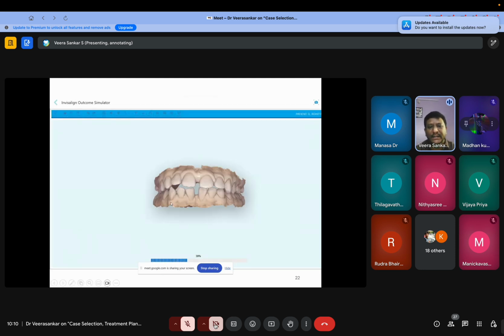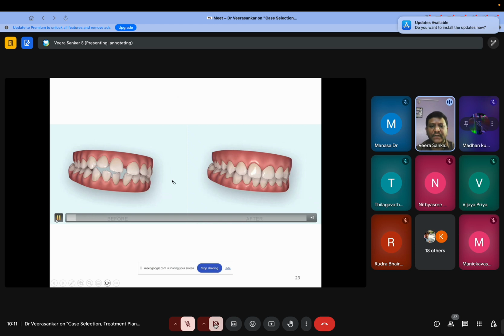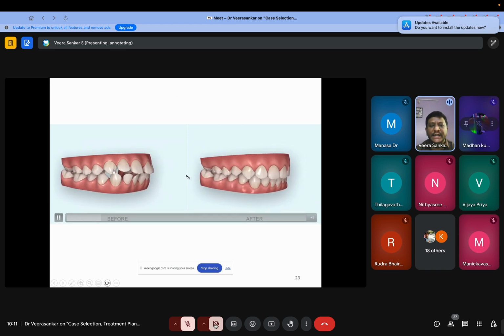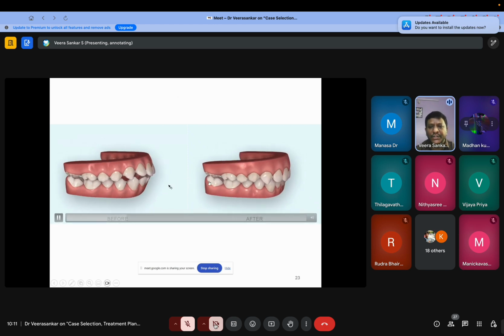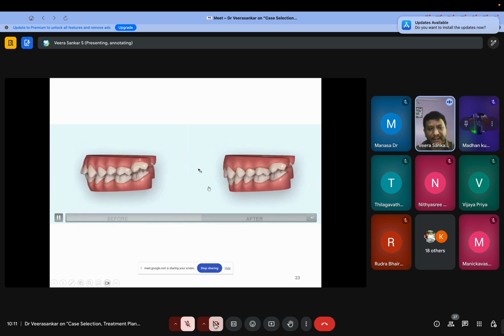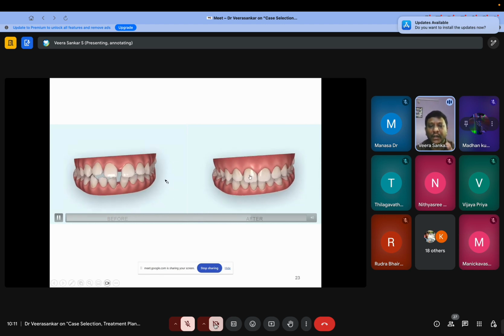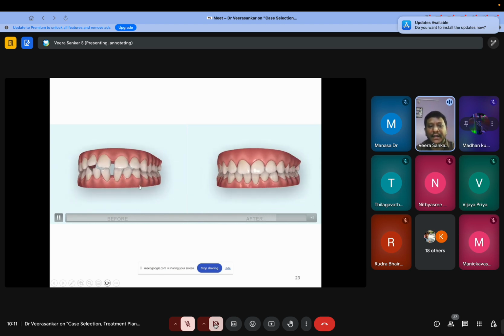See, for example, in this case, there are severely proclined upper and lower anteriors, and spacing on the anteriors. Here the AI-induced treatment simulation is done within a few seconds. So it is easy for us to show the simulation to the same patient, how the teeth are going to appear after the treatment: the spacing is closed in the midline region, proper intercuspation is achieved, proclination is corrected, and canine relation, molar relation and intercuspation are good.